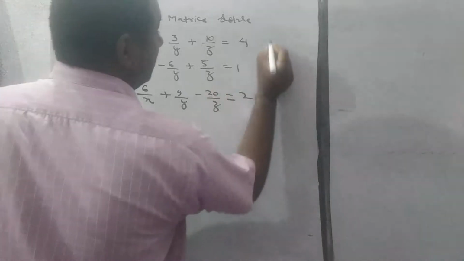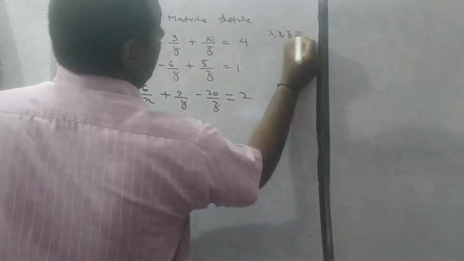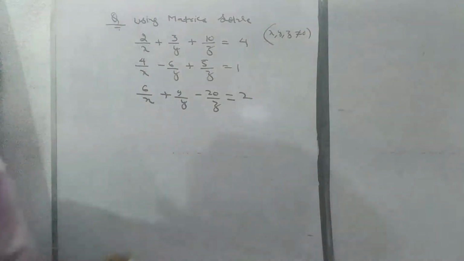And in the question it is given that x, y, z are not equal to 0.